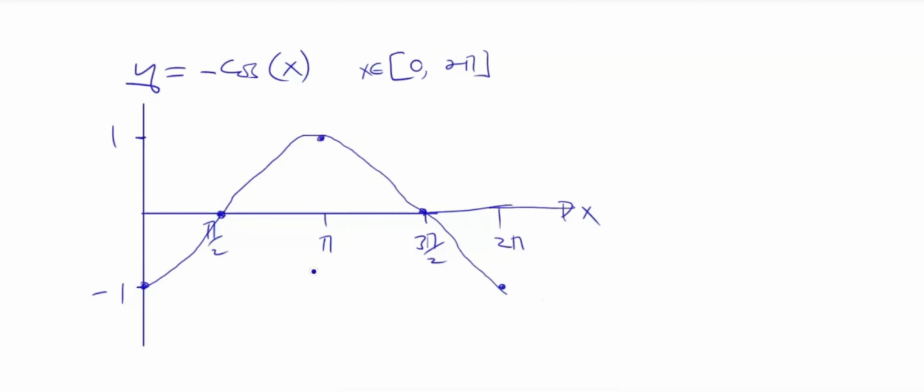Let's see when a cosine graph undergoes a transformation, a transformed cosine graph. So let's have a look at how it looks.